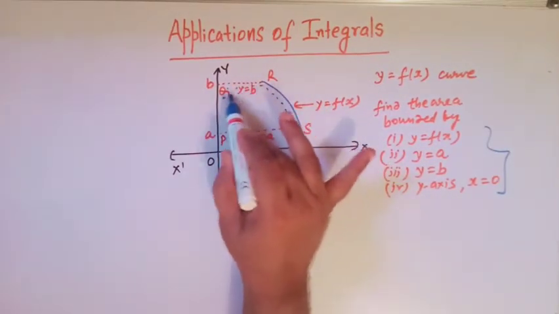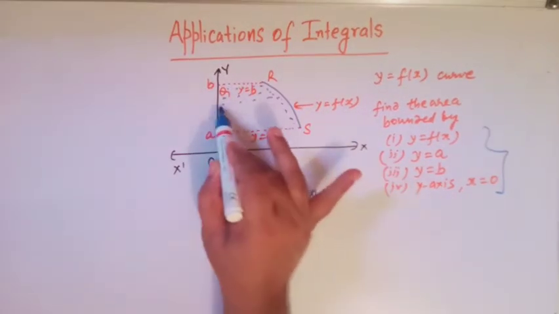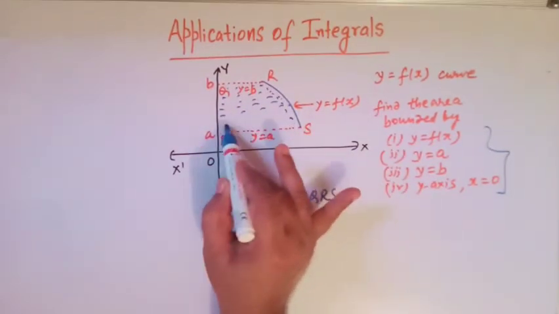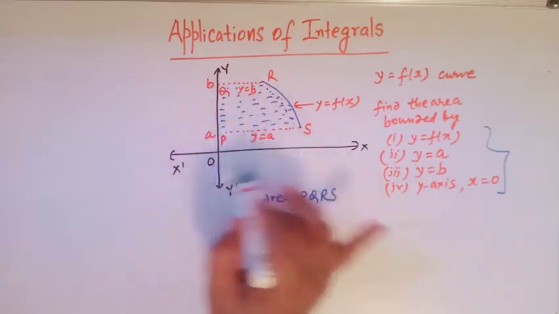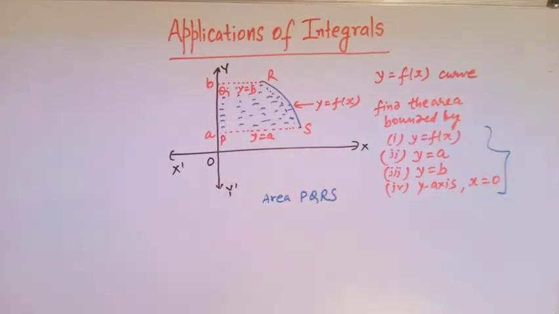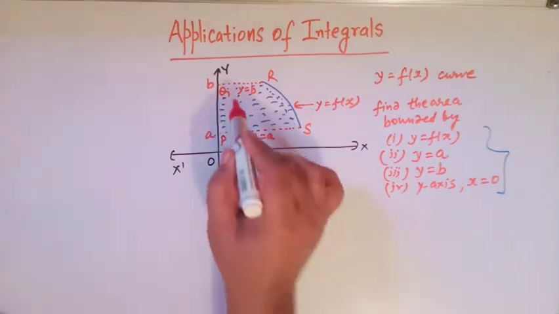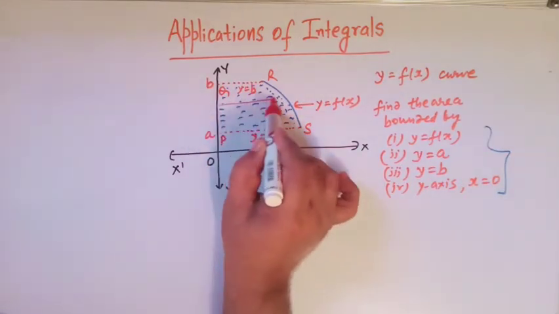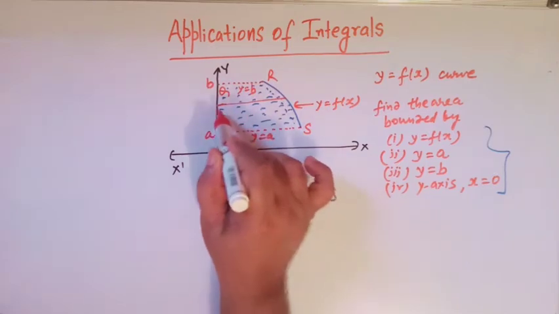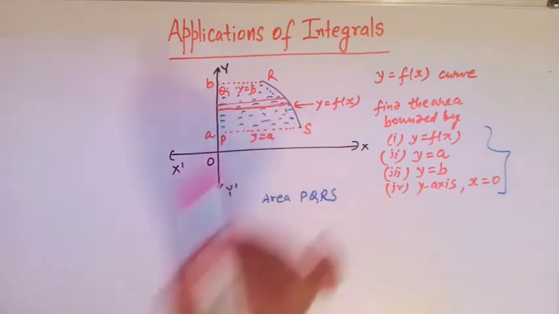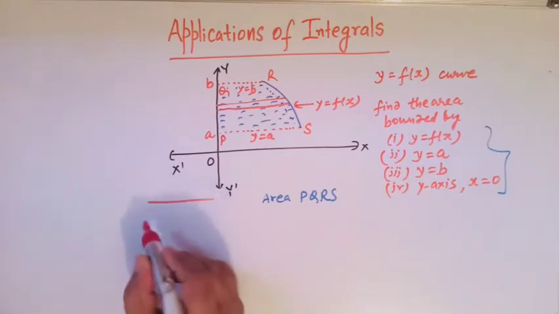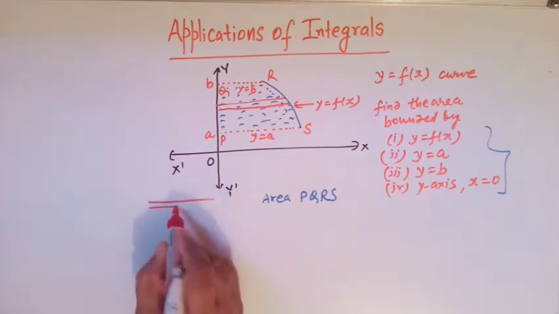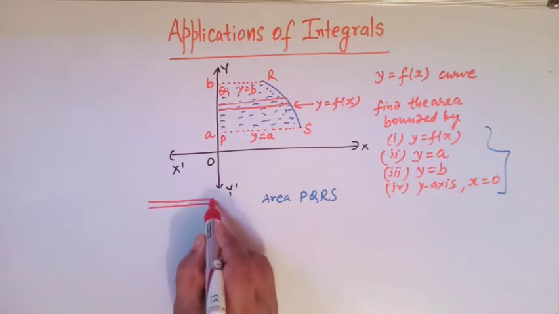This is the area which we have to find, and now we will again divide this area into small rectangles, and suppose one such rectangle is this. Clear? So the rectangle looks like this. This is the rectangle. Clear?